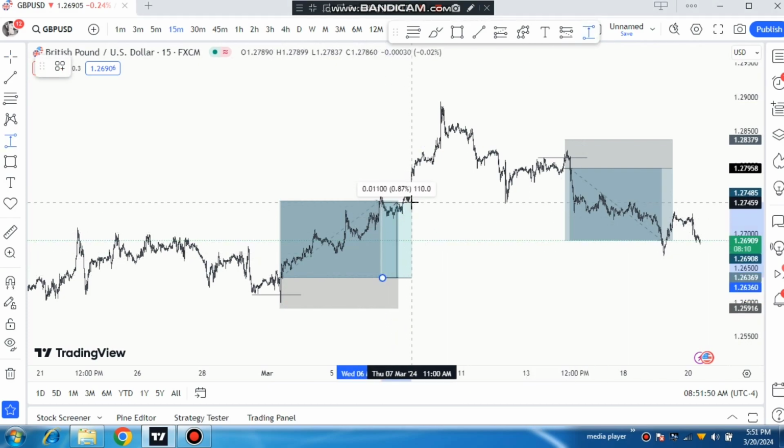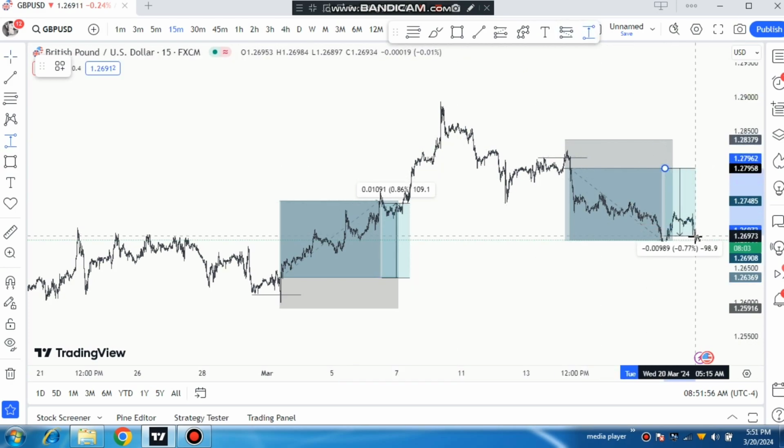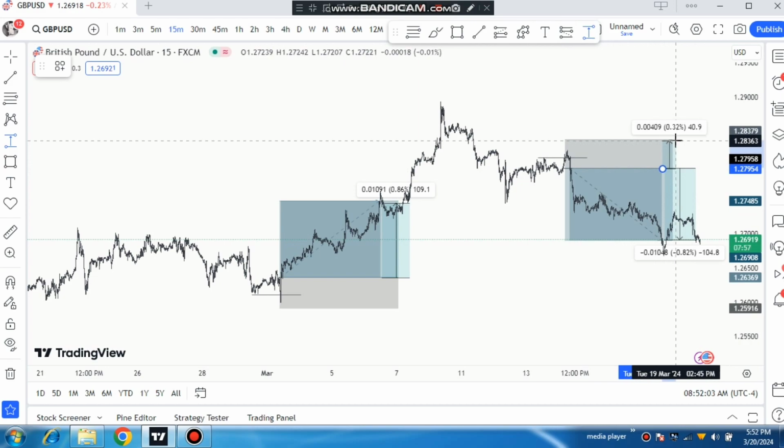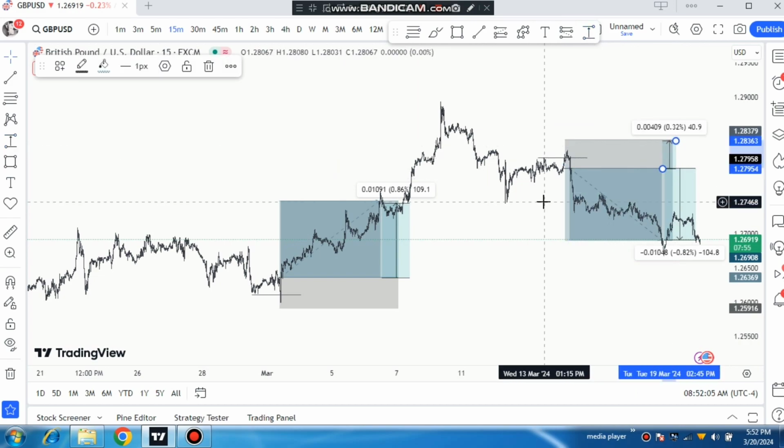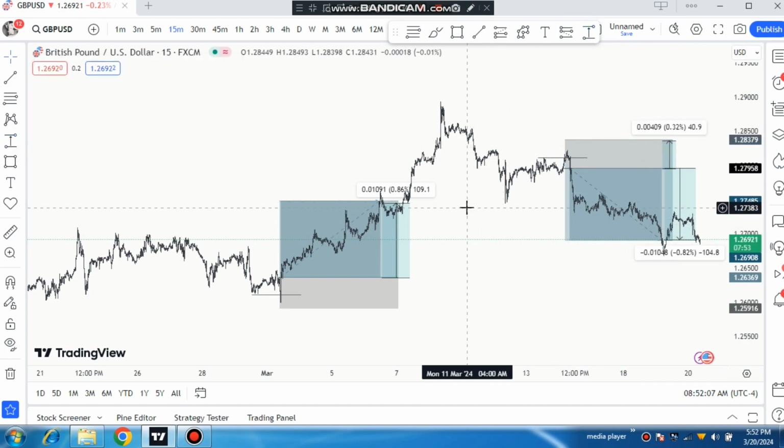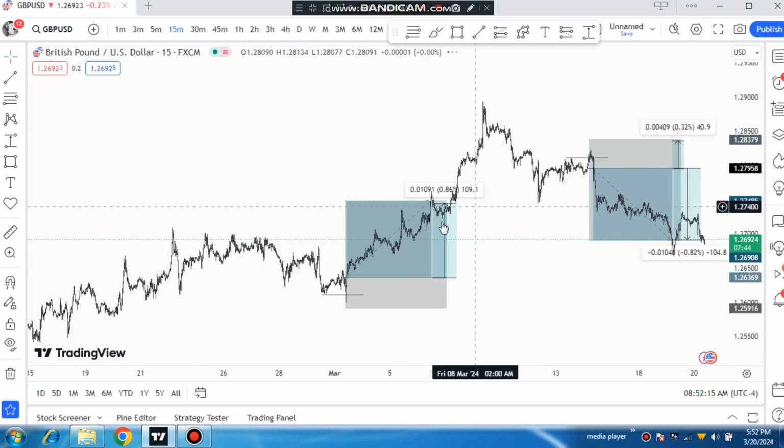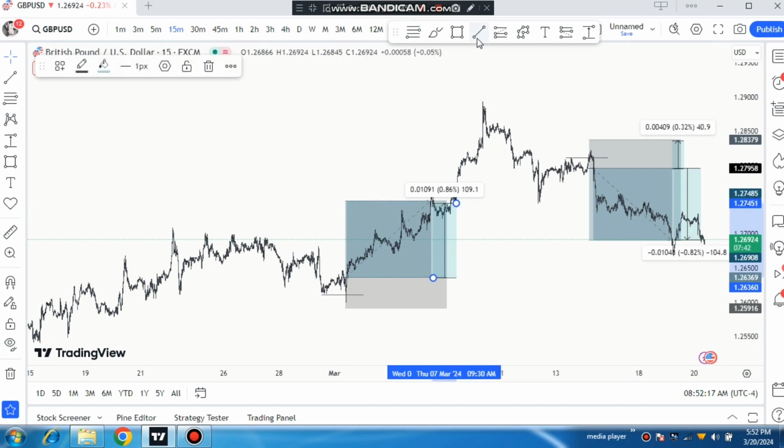This is around 112 pips, and if you look here, this is 104 pips, and the stop loss is around 40 pips. So the RR is good, and 8 out of 10 trades will be winning trades. There's a possibility that 10 out of 10 trades will be winning trades if you go with the rules. You have to follow the rules.